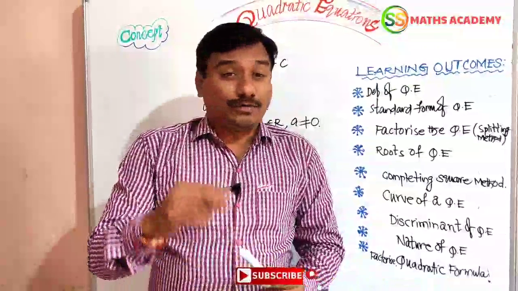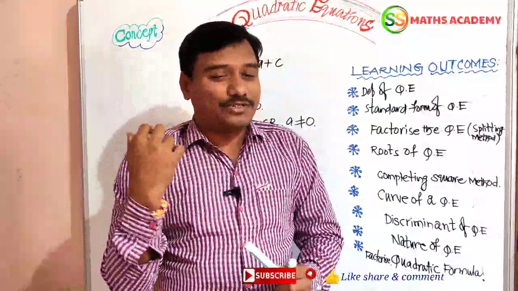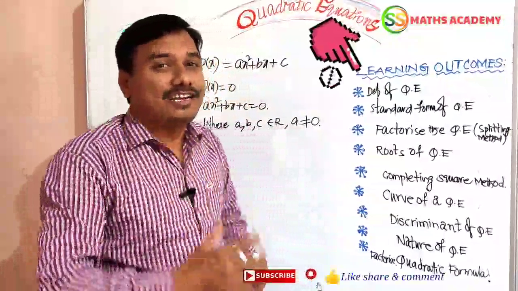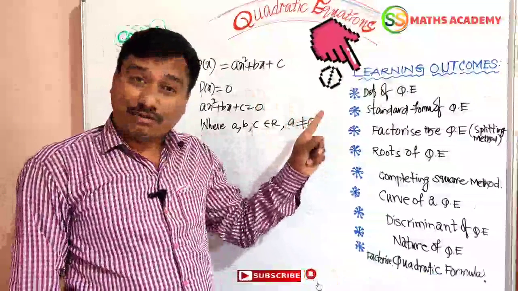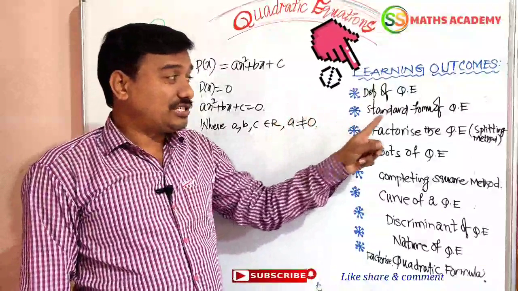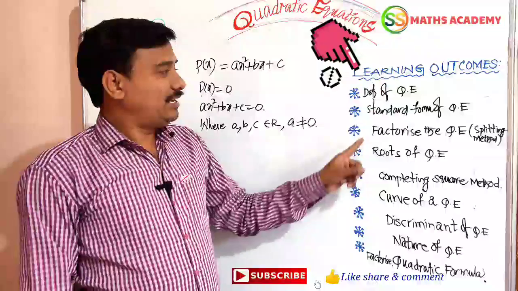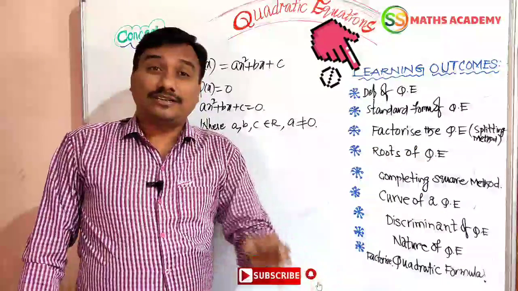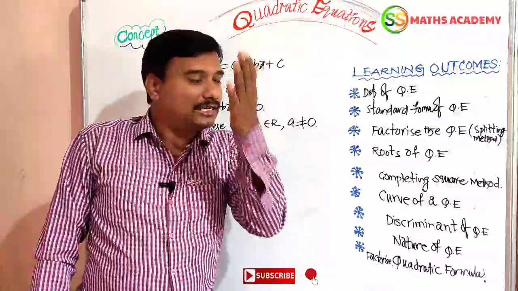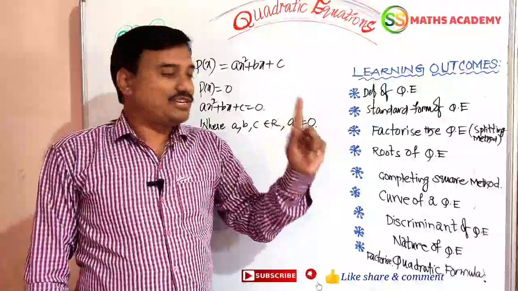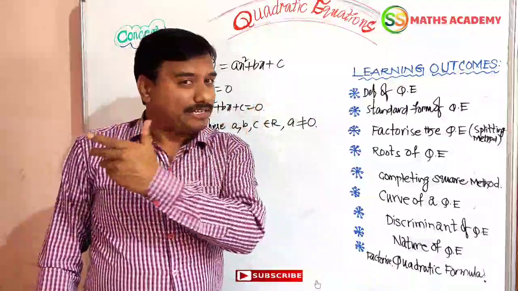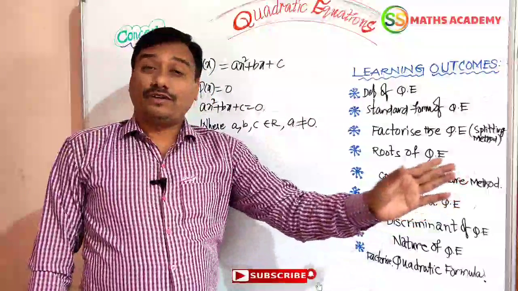In every chapter we discuss learning outcomes. What are the learning outcomes? Definition of quadratic equation, standard form of quadratic equation, factorizing the quadratic equation by the splitting middle term method, and the roots of quadratic equation, the method of completing the square, and the curve of a quadratic equation.